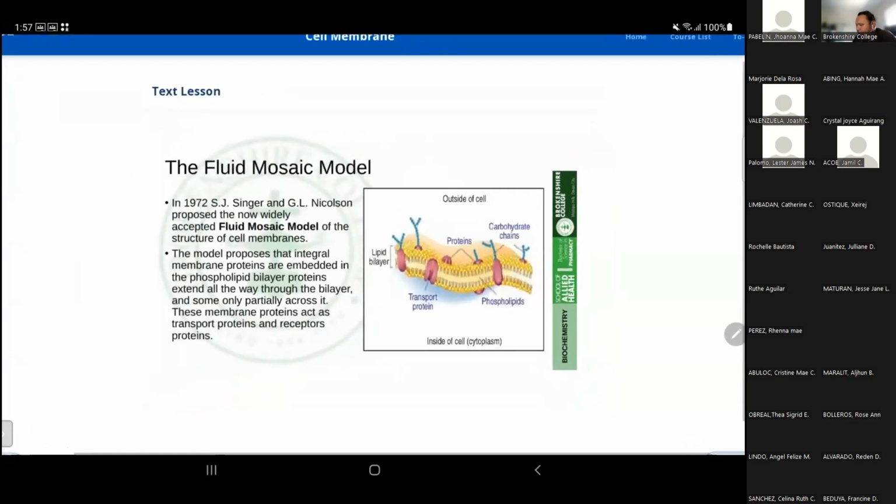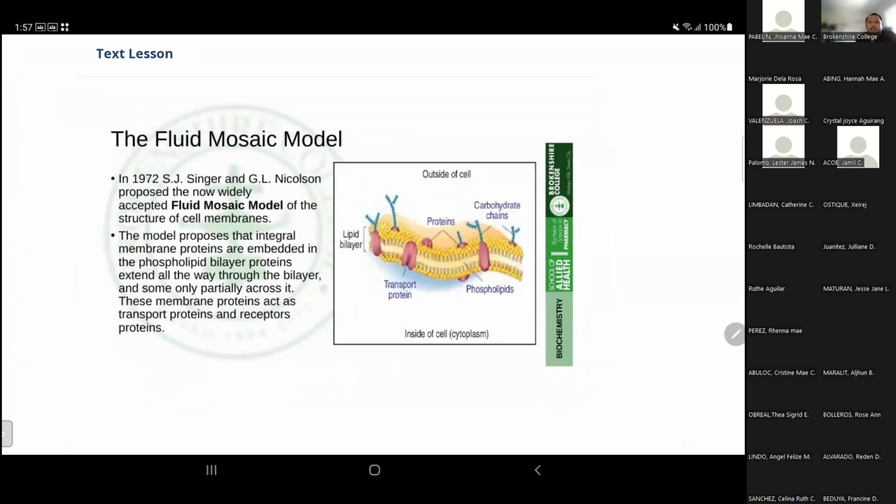Okay. Then in order to further describe, parang through this model, it allows us to really comprehend and imagine what the cell structure would look like, especially the cell membrane, through the model that was proposed by S.J. Singer and G.L. Nicholson, which is the fluid mosaic model.